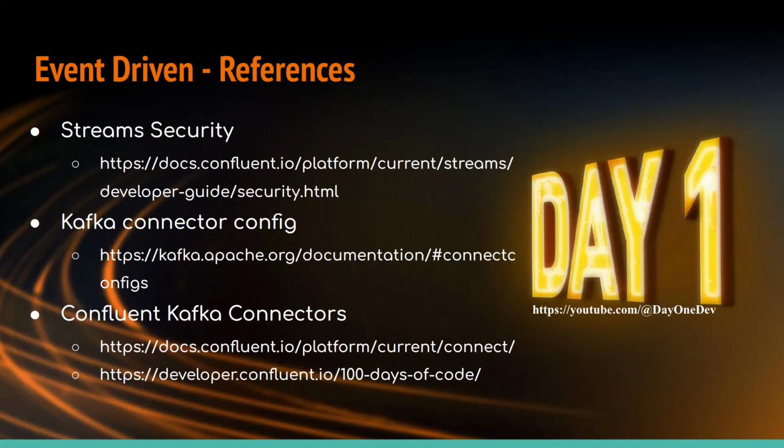And finally, the Kafka Connect service which I was calling out here. Look here, all the sink and source connectors are available. And if you are looking to learn about most of our connectors, the 100 Days of Code developer content has a lot of learnings, you can learn from there.